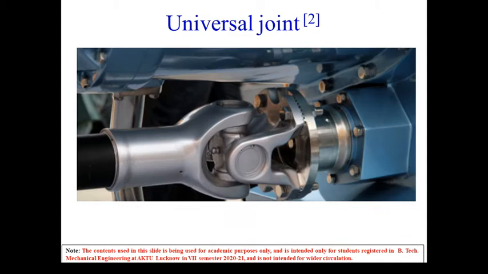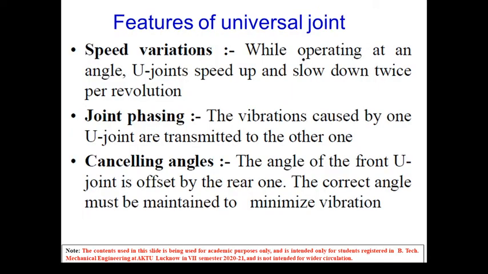These universal couplings play a major role because they transfer power at some angle, or over some large distance. They are basically used for transmitting power or torque from one place to another inside a car or a truck. The features of a universal joint include speed variation.